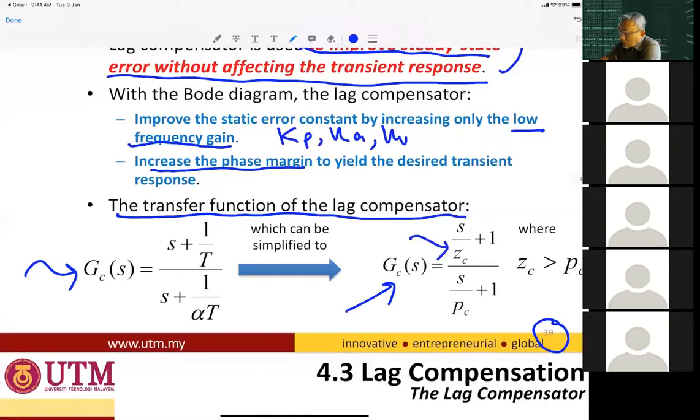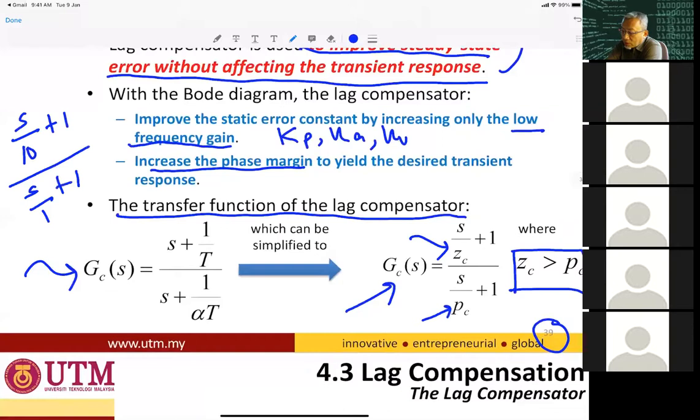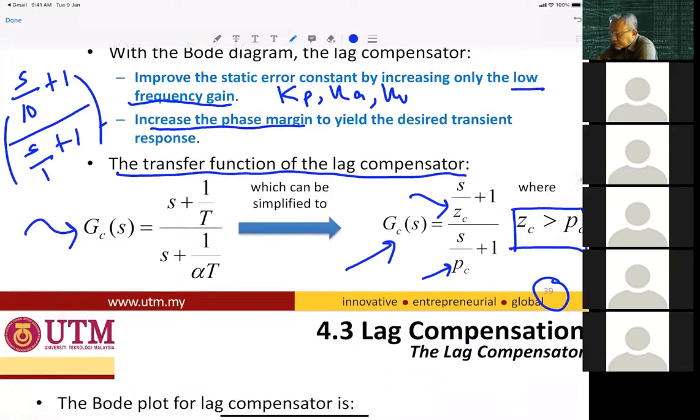Zc is the zero of the compensator and Pc is the pole of the compensator. Bear in mind, this is very important: Zc is greater than Pc. For example, (s over 10 plus 1) divided by (s over 1 plus 1). This is known as the lag compensator, as long as the value of the zero is greater than the pole of the compensator.